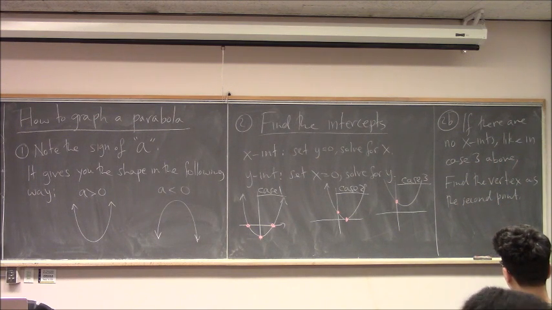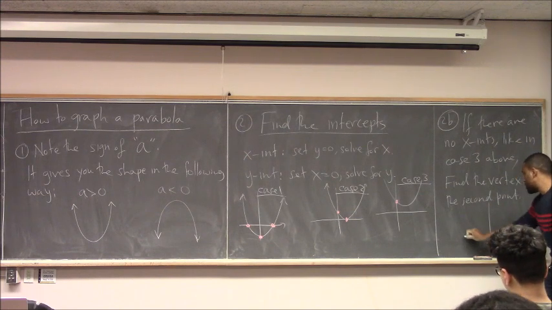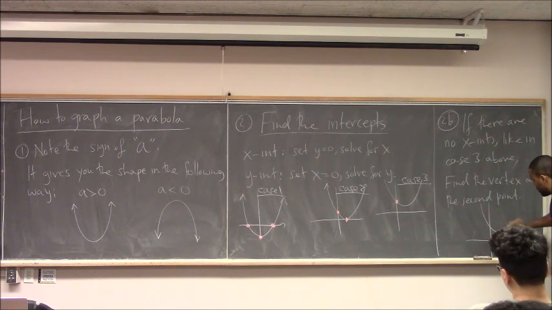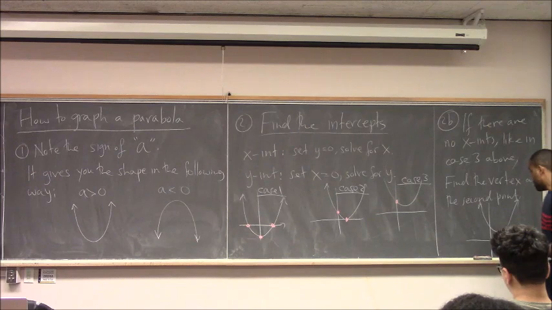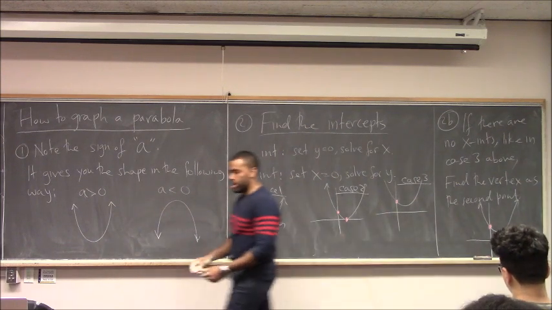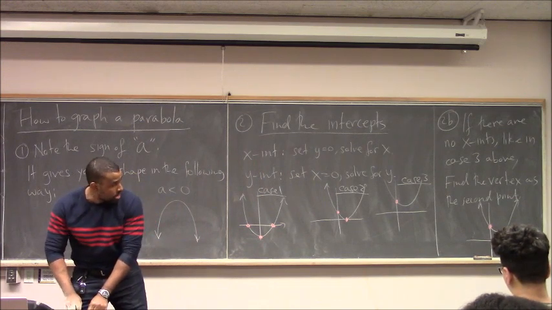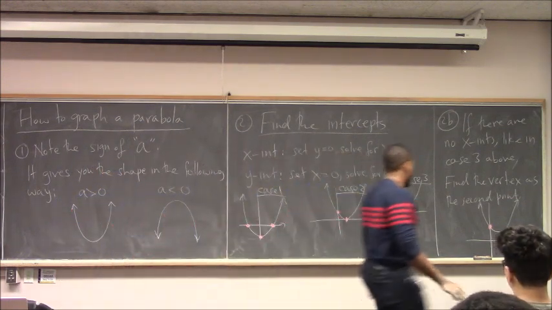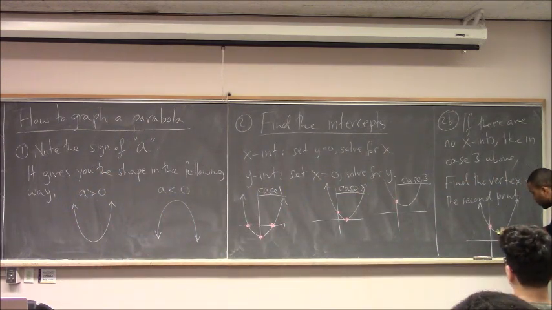And so what you would have then is the graph looking like that, and you found this point by finding the intercepts, but because you only have 1 point, you would find another point, which is the vertex, which you are now going to think of as the lowest or the highest possible point, and that you will know based on the sign of A, right?